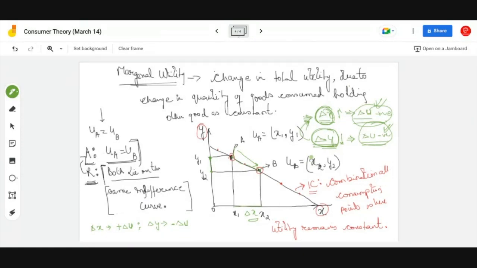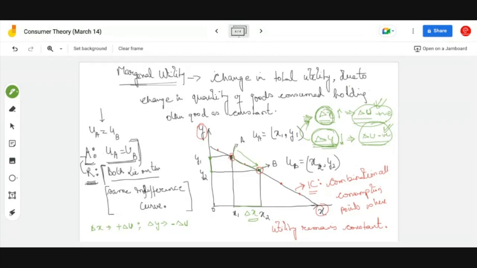Clear? Okay. Now let's look at the mathematical way of expressing this change in utility, coming to the point of total utility and marginal utility.